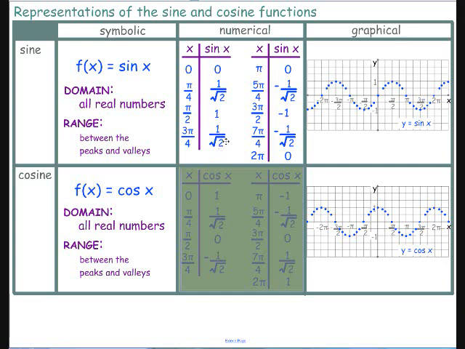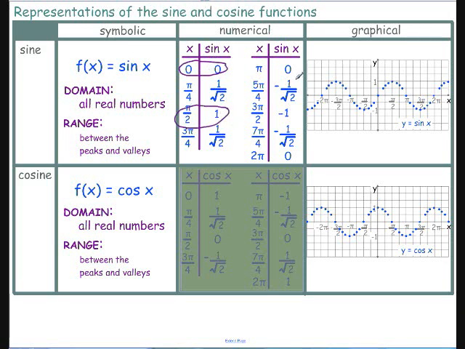Oh, yes it does. It has enough. It has the 5 of them. In fact, it has even more than that. We've got 0, 1, 0, -1, 0. So the 5, let me just mark the 5 critical ones right here.